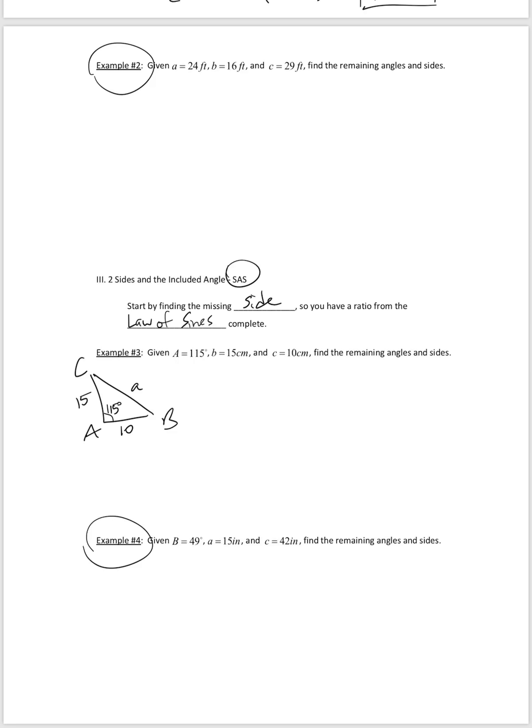So this is side angle side. And I need to find A here. Because as it is right now, I can't set up the law of sines here, right? I need a side over the sine of the angle opposite that side, and I don't have that anywhere. So I need to solve for A first.